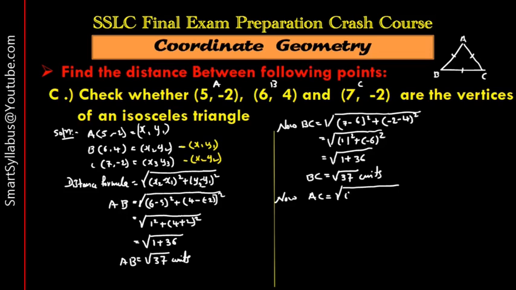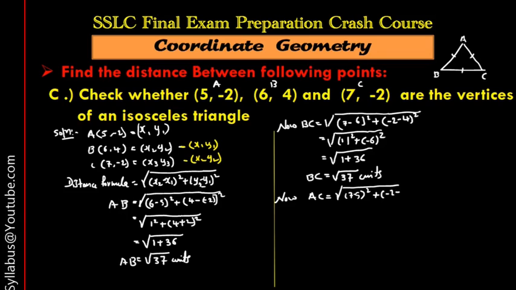So this is 7 minus 5 the square, plus now y2 minus y1, y2 is minus 2 minus y1, so y1 is again minus 2 the square.